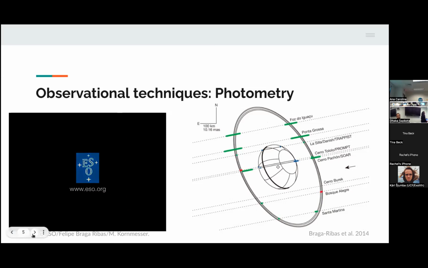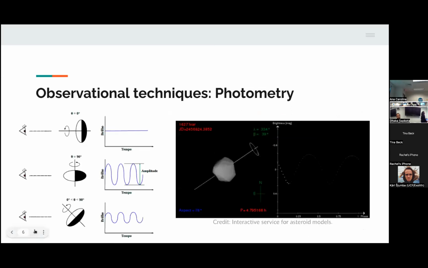Another approach to study minor bodies in the solar system using photometry is the rotational light curve. Those objects rotate around their axis in the sky.